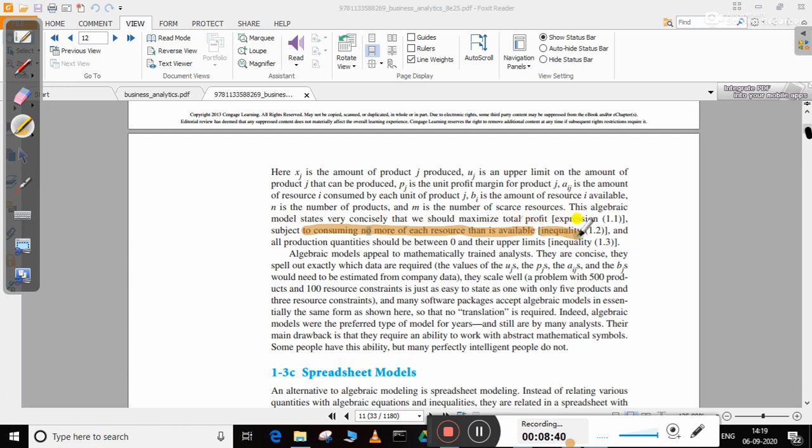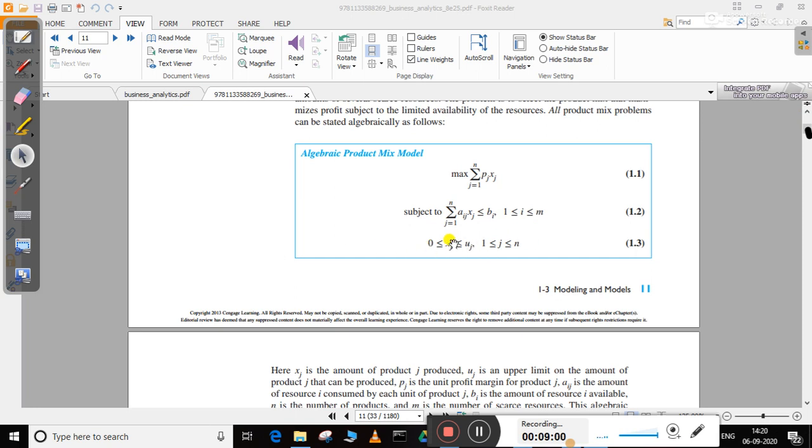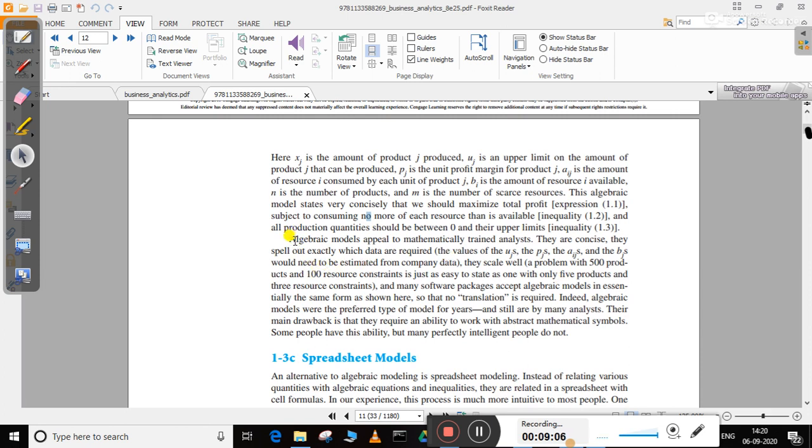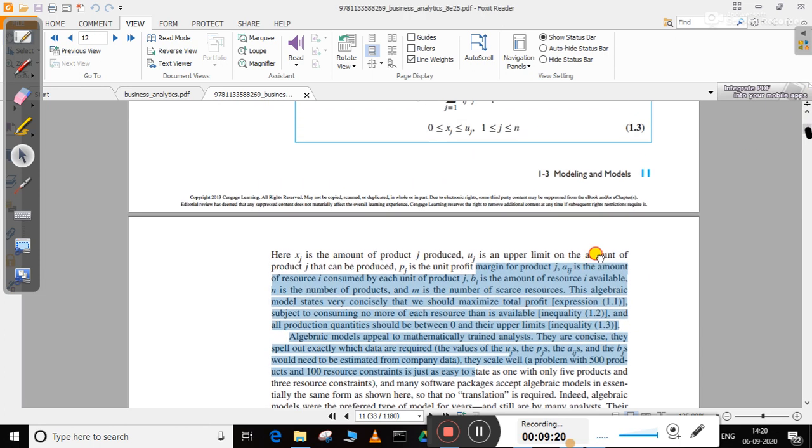That is an inequality. The first one is the expression, the second one is the inequality, and there is another inequality, that production quantities should be between 0 and their upper limits. So using this algebraic model we can analyze mathematically, by using the data, to find the maximized profit for a certain business.